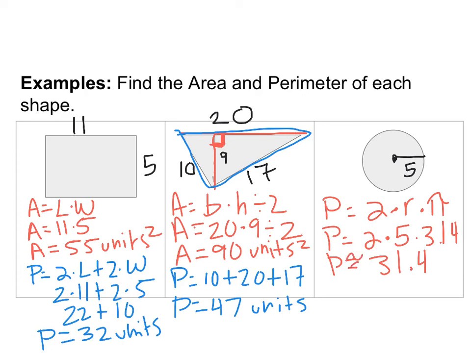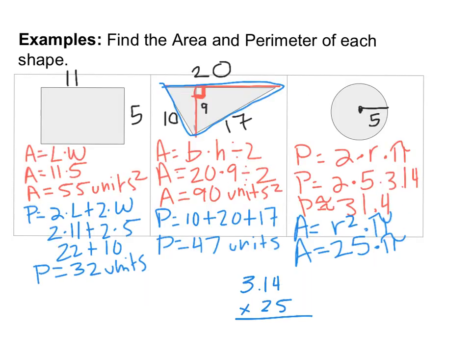That's an estimation because I've approximated pi. And then for area, I'm going to need to do r squared times pi. So r squared is 5 squared, which is 25 times pi.